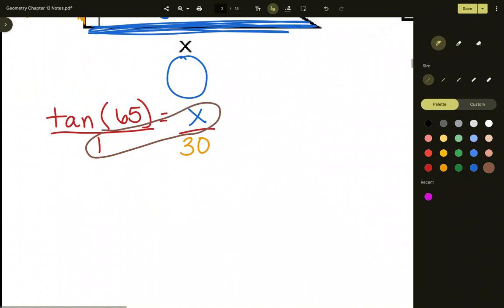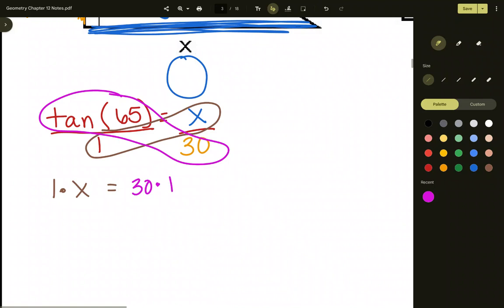Okay, 1 times x on the left, and then the other direction, we've got 30 times tangent of 65. Now this is a little different because our variable is over by the 1.